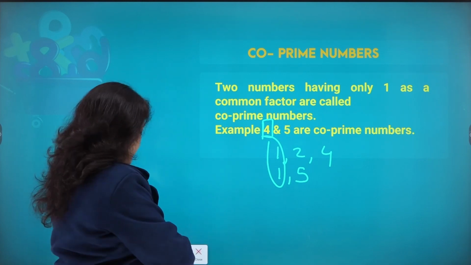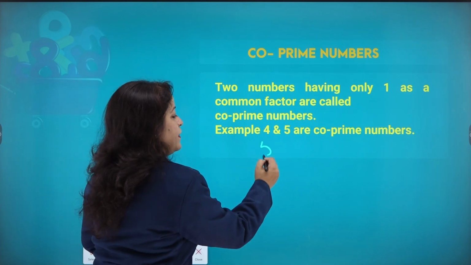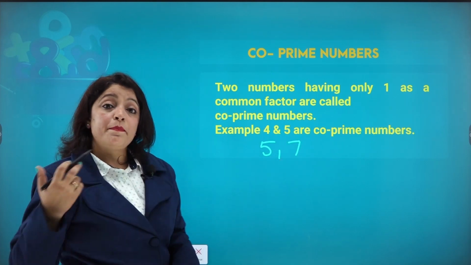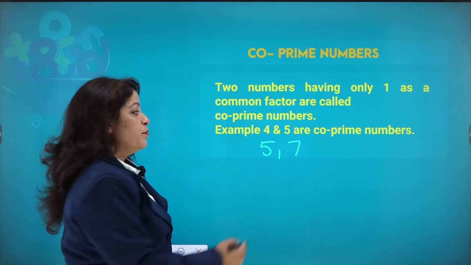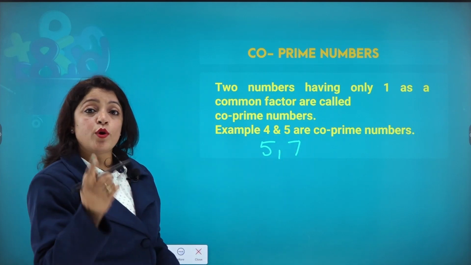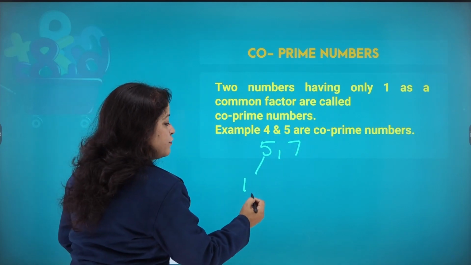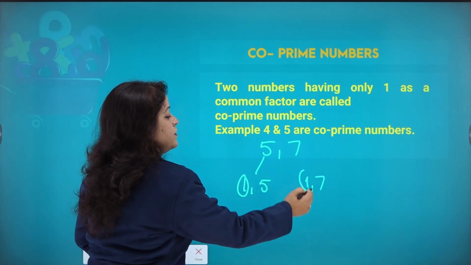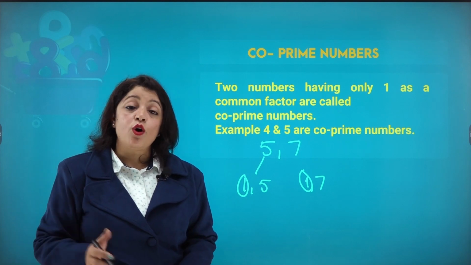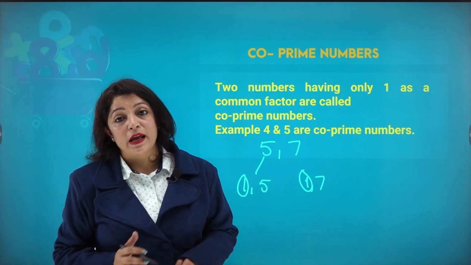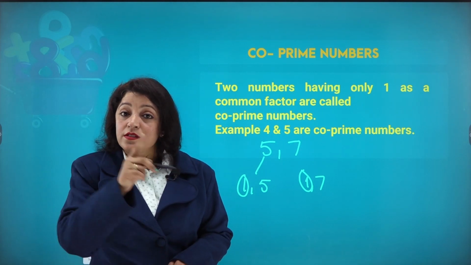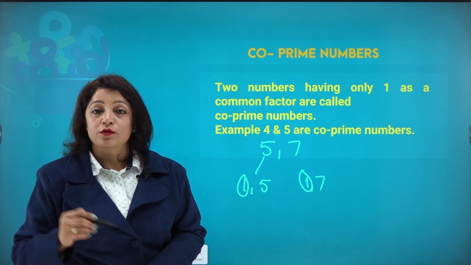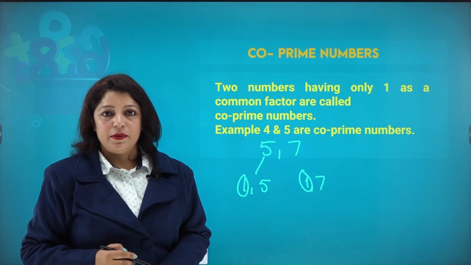For example, if I take 5 and 7, both are prime as well as co-prime. The factors of 5 are 1 and 5, the factors of 7 are 1 and 7, and the common factor is 1. So, all prime numbers, since they have only 1 as a common factor, will be co-prime numbers.